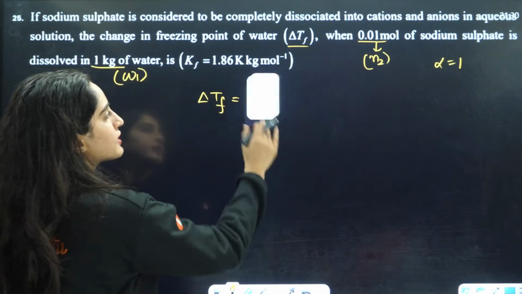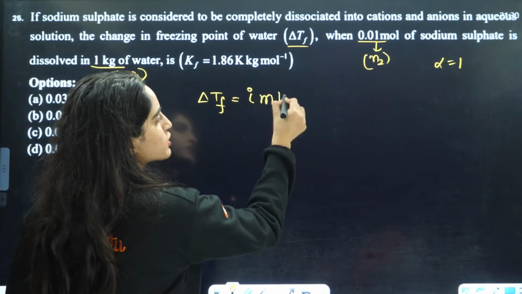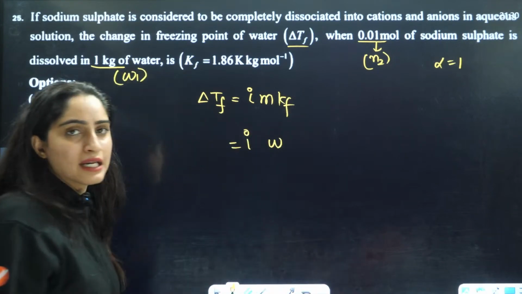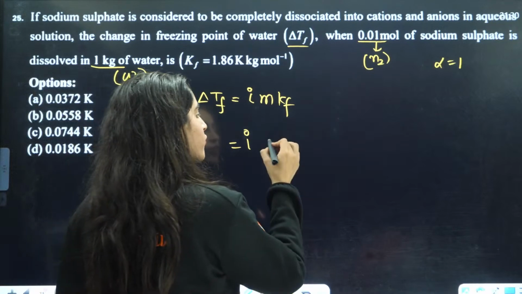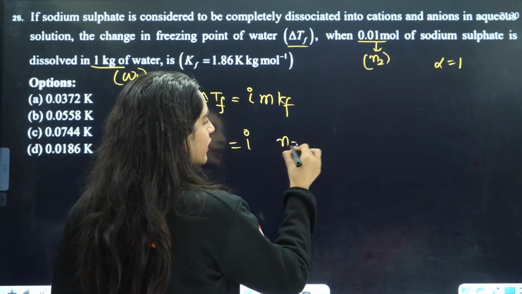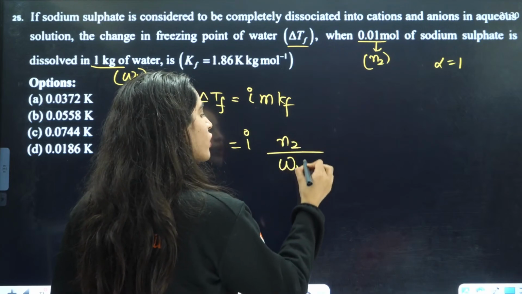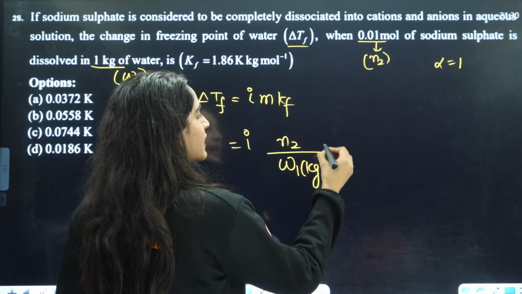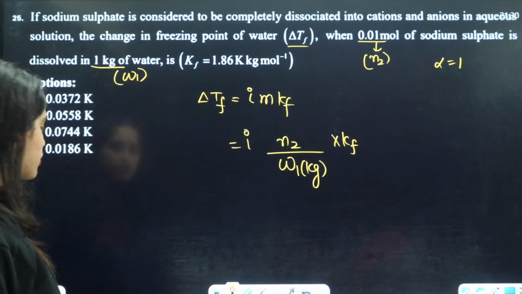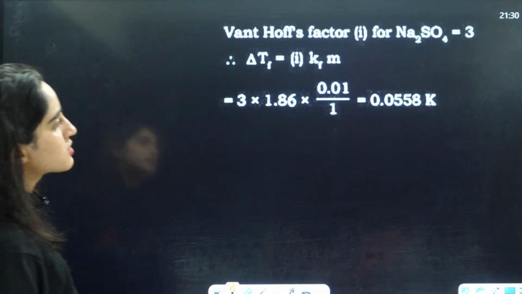Molality you can calculate easily. What is molality? Molality is equal to the number of moles, that is N2, already given to you, divided by the weight of solvent in kilograms, into Kf. This is also given in kilograms only. So just put these values and get your answer.